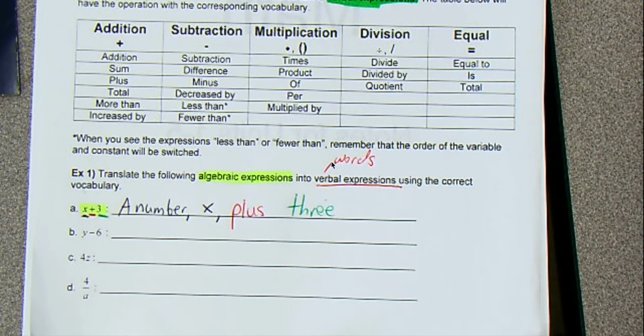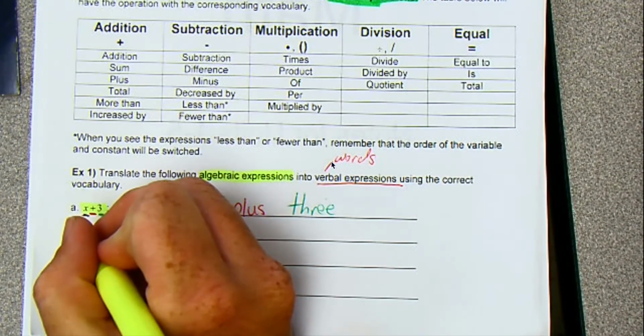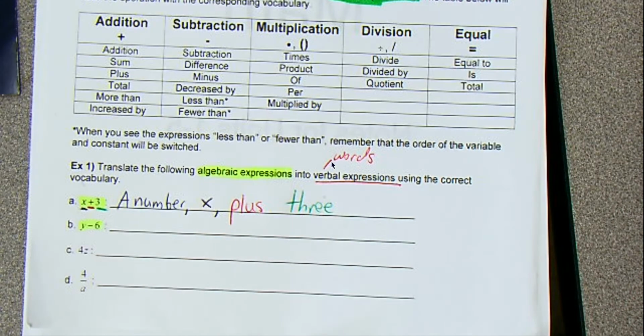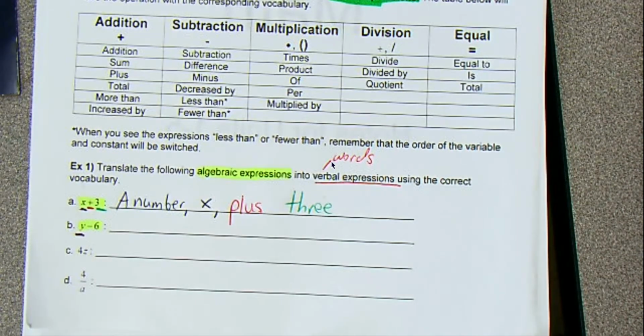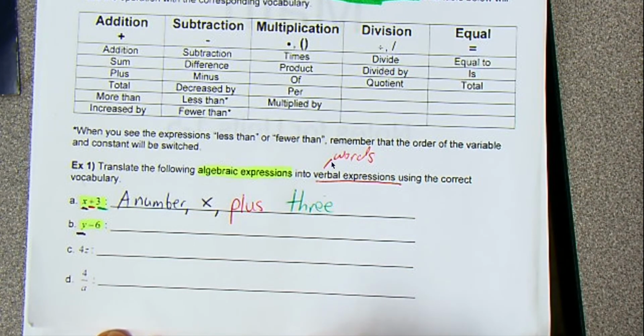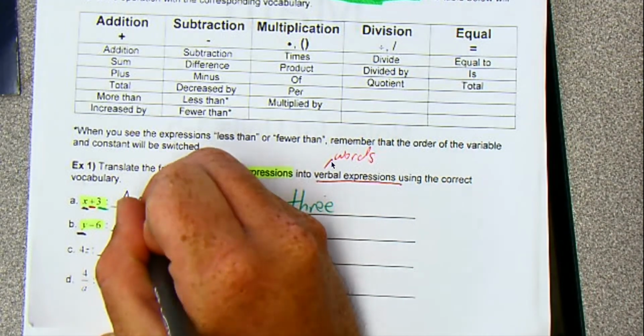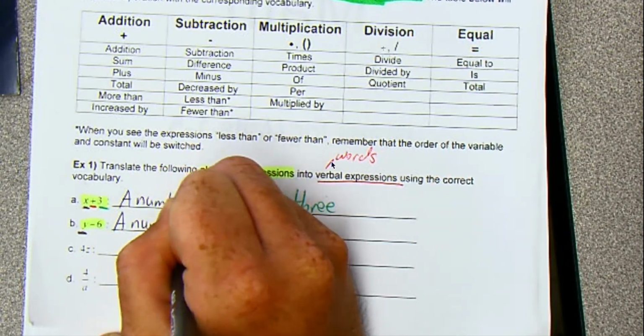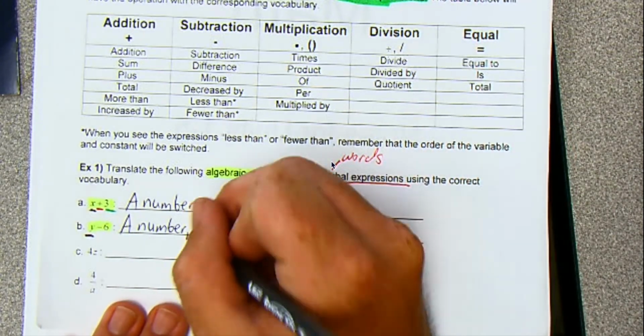Let's try this next one. We have y minus 6. I'm going to underline my variable because I'm always going to name my variable first. Instead of just saying y, we always want to name what it is. A variable stands for a number. So we're going to put a number, and then we name the variable. In this case, it's a y.